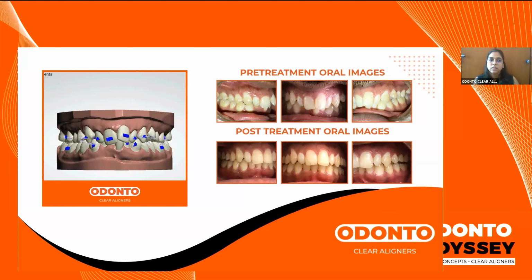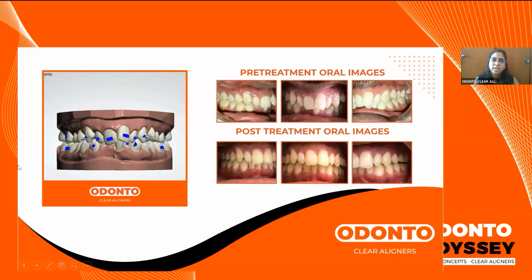So these movements need to be isolated, and we cannot have all the movements programmed together, because then it becomes very confusing. We can program those, but then the outcome is not favorable. The reason being that the plastic will deform, and the plastic will not bring about the kind of movement that we are looking to achieve.